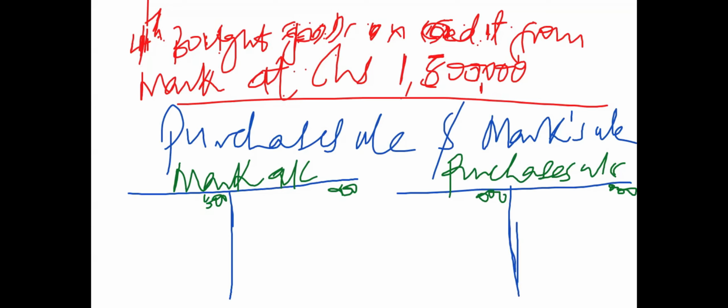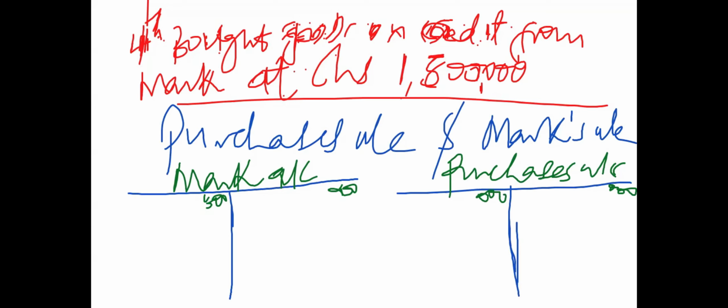The rule is you debit this account, then you must have another account that is going to be credited. Once the other account is credited, then you must have another account that is going to be debited. That's the rule, and that's what we are applying here. So since we have identified that we are buying goods on credit from Mark, we have to ask ourselves whether Mark is going to be receiving goods or is going to be losing out the goods.